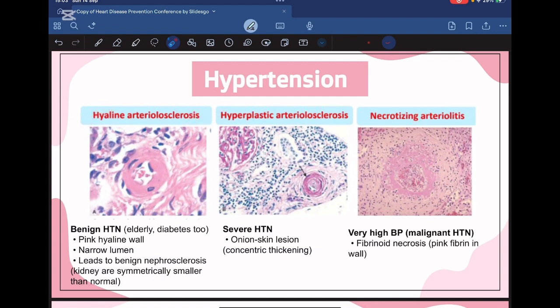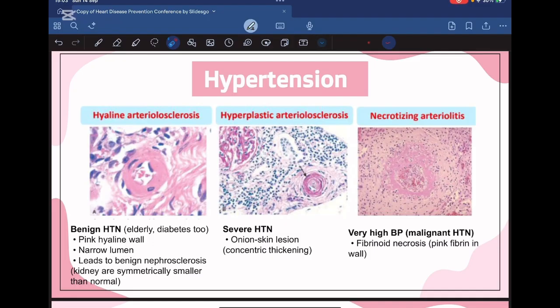Each one has its own keywords. Hyaline will mostly appear in patients who have benign hypertension, especially elderly patients and diabetic patients, with not very severe elevation. You think about hyaline arteriosclerosis.